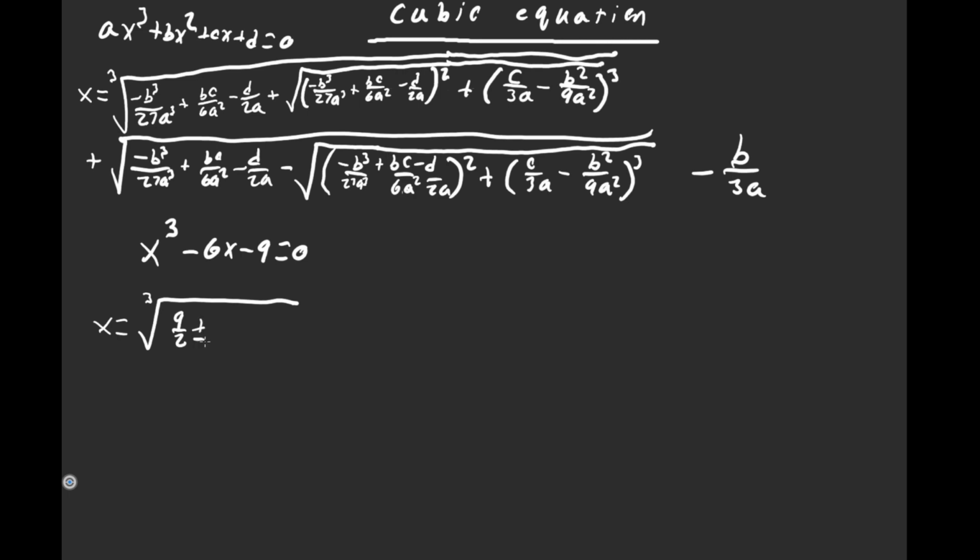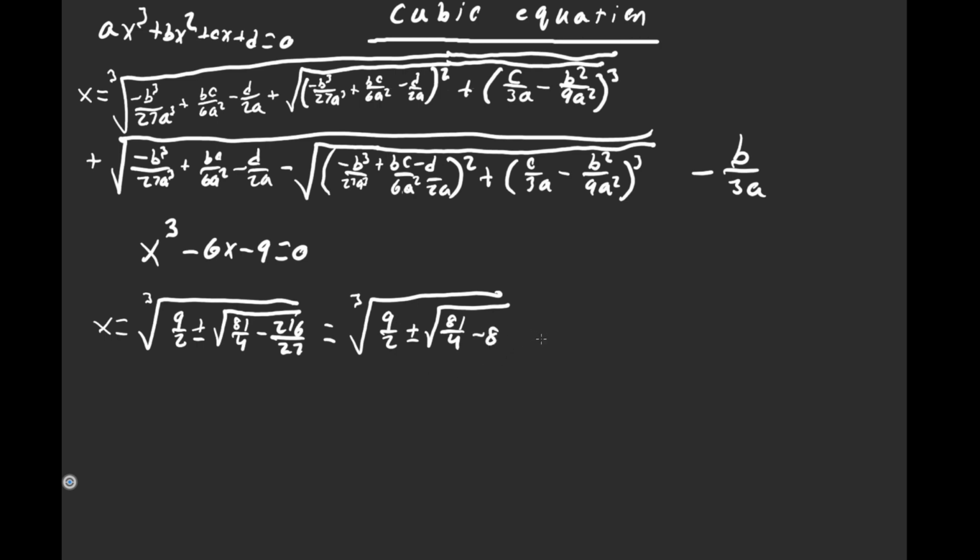And we're going to write plus or minus the other cube root, where we get 81 over 4 minus 216 over 27, which simplifies down to the cube root of 9 over 2 plus or minus the square root of 81 over 4 minus 8.